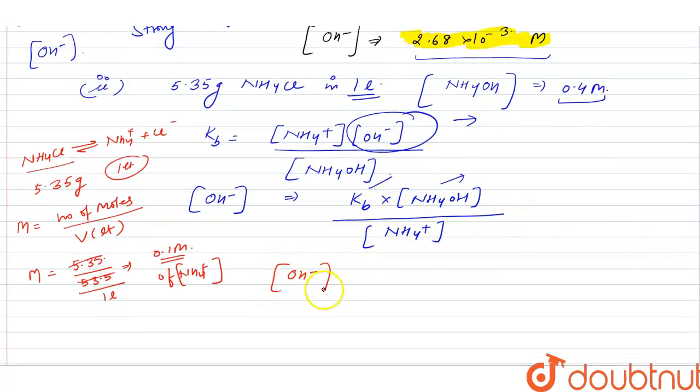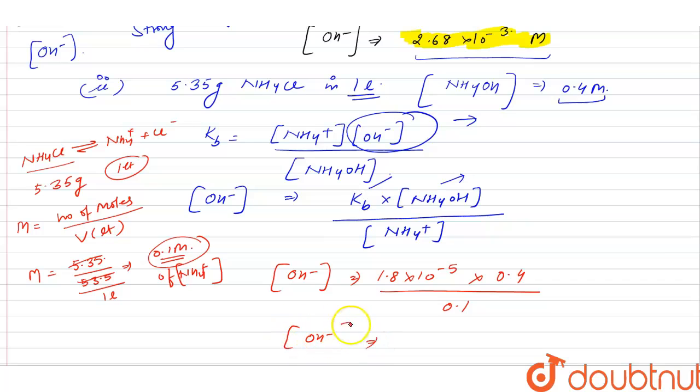Now we have all the values. Simply we put the values in the formula. Kb is 1.8 into 10 to the power minus 5, concentration of NH4OH is 0.4 molar, and concentration of NH4 positive we have calculated is 0.1 molar. When we calculate this value, we get the concentration of OH negative ions as 7.2 into 10 to the power minus 5 molar.